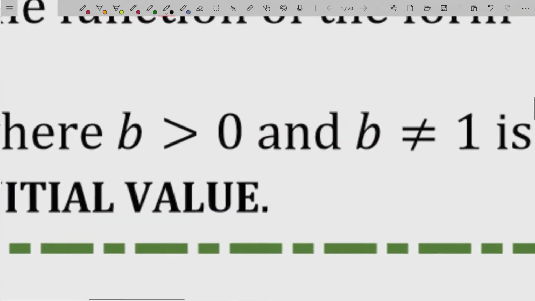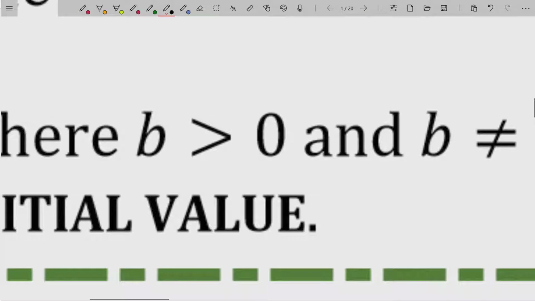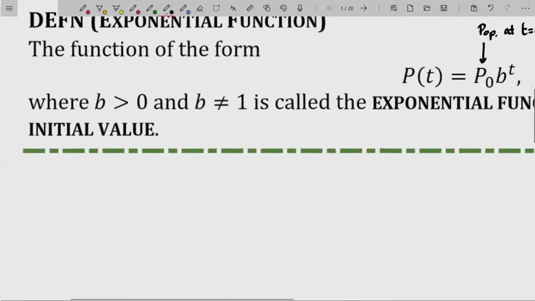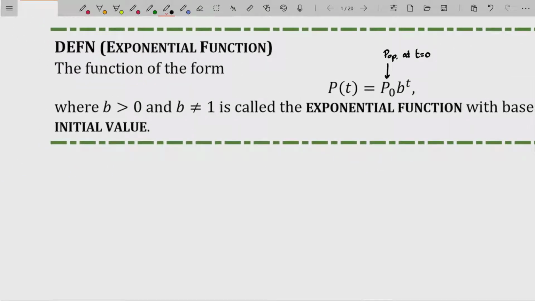Then there's another restriction, that the base must be positive. That's this piece right here. But why is it that we require the base to be positive? It's very simple, actually. If you allow the base to be negative, so pretend for a moment that we were okay with that. So let's say I put in here a negative, I don't care, 2. Then you have a problem with certain values of time. For example, a half a day later, what is the population?